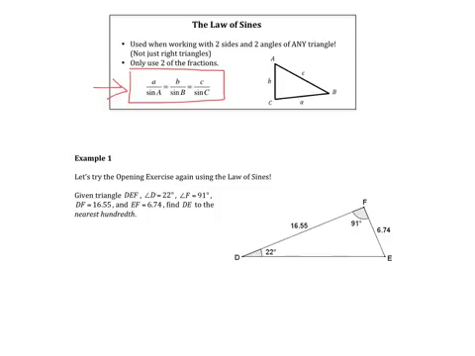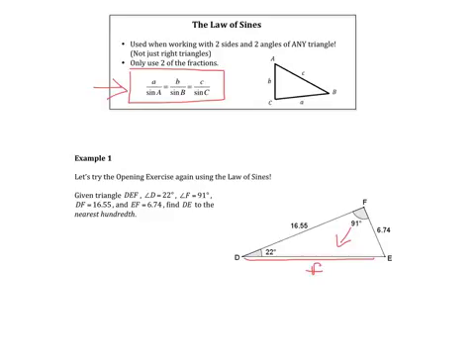So let's take a look at example 1. We're going to try the opening exercise again using the law of sines, because we can't use basic trig or Pythagorean theorem since it's not a right triangle. The information is already filled in, and we want to find the length of DE to the nearest hundredth. The length of DE is across from this angle F, so I'm going to use lowercase f as the variable.